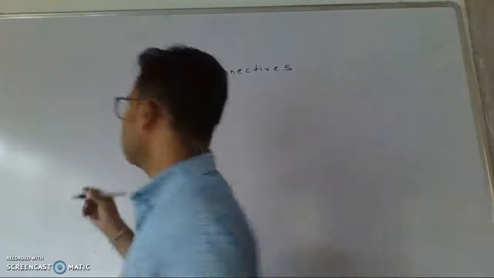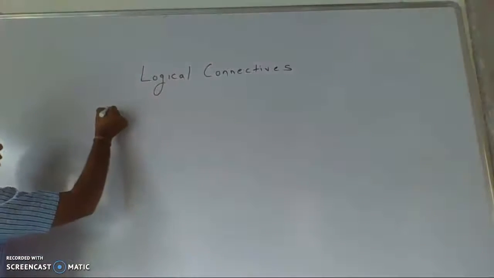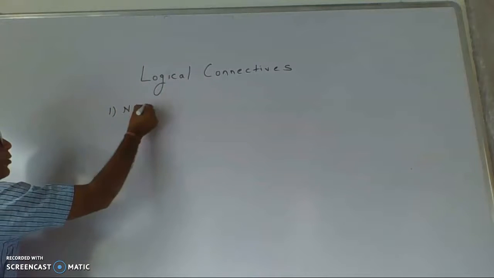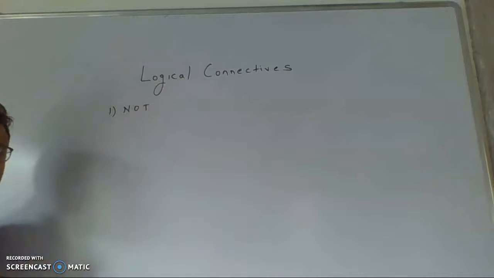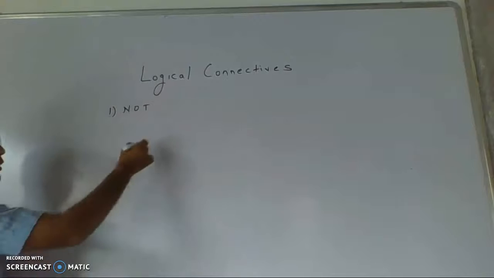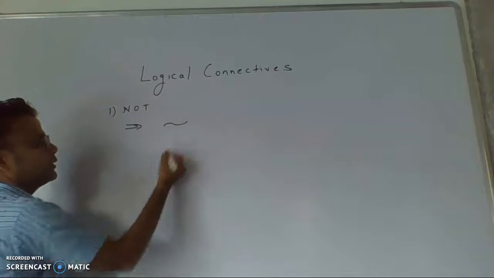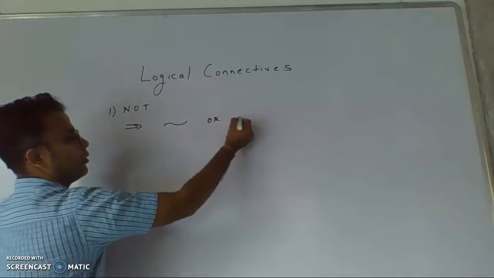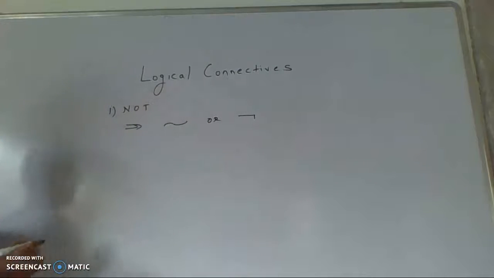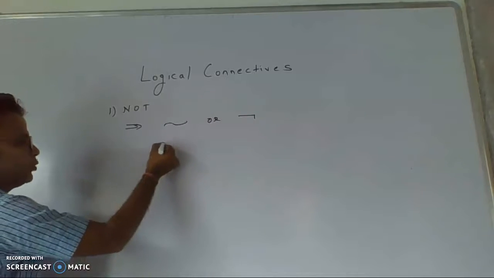The very first logical connective that we have to see is NOT. It is denoted by this sign or this sign. These are the notations for denoting NOT. Now, what is its truth table?